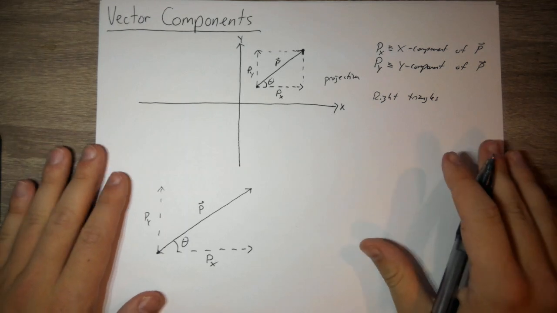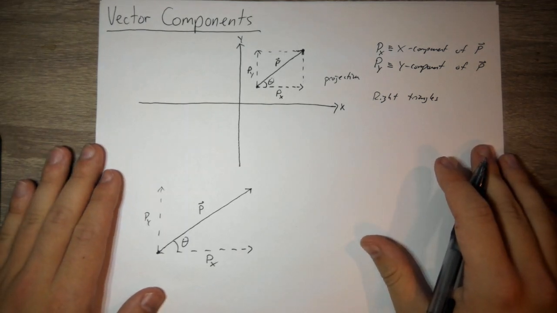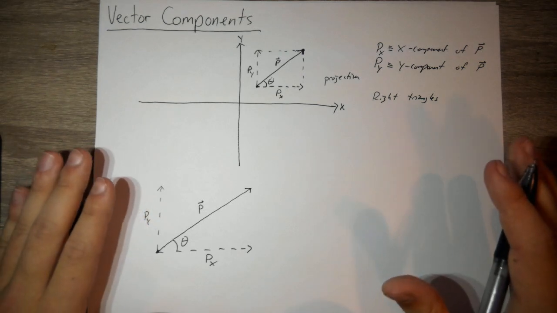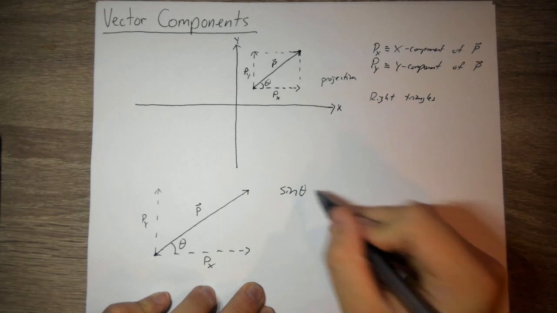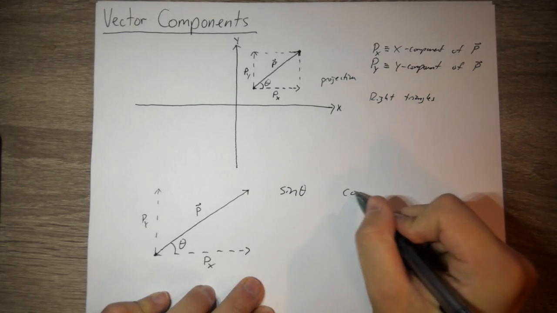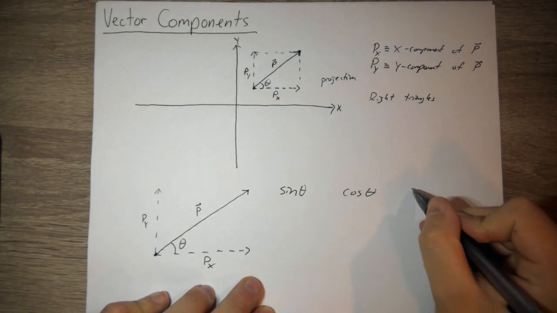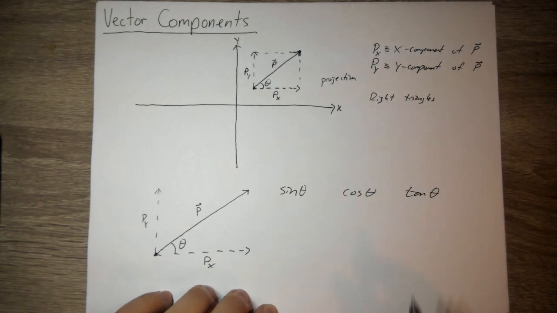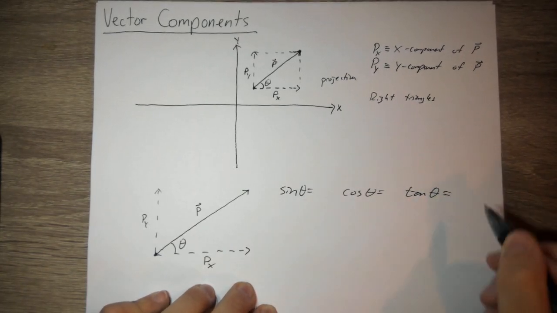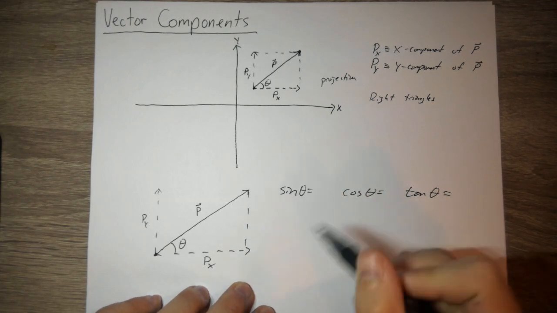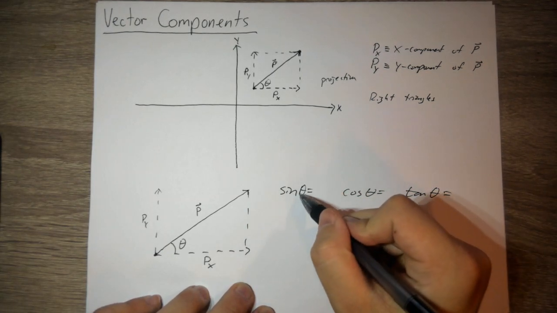If you remember some of the basic trigonometric functions from trigonometry, you've got sine of theta, cosine of theta, and tangent of theta. So what are these? If you think about triangles, what are these?